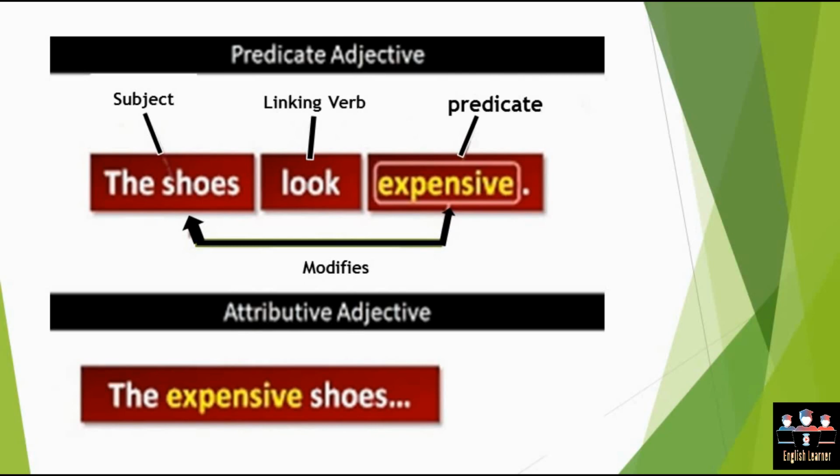Attributive adjective example is the expensive shoes. Means expensive is now indicating the shoes here, but it is not placed in a sentence after the verb. It is placed just before the noun in a sentence. I hope after this example, you are going to be clear about predicative adjective and attributive adjective.